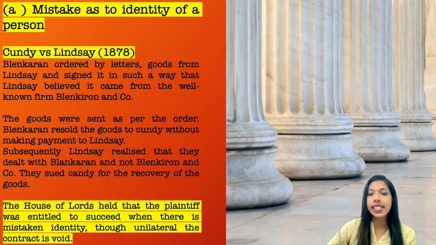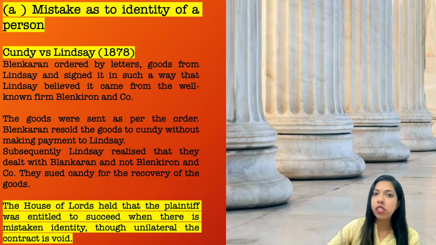Subsequently, Lindsay realized that they had dealt with Blenkarn, not the famous firm Blenkiron. They sued Cundy for the recovery of the goods, and the House of Lords held that the plaintiff was entitled to succeed. When there is mistaken identity, though unilateral, the contract will be void in nature, which means there was a mistake as to the identity of the person.